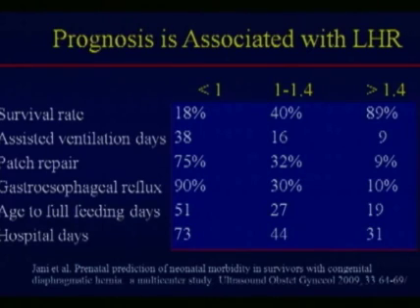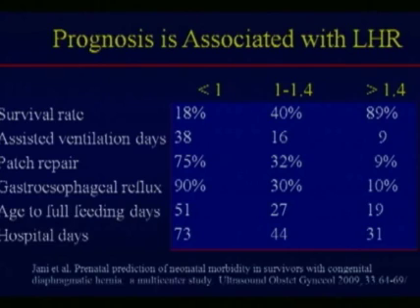Now, this study actually looked at observed to expected lung to head circumference ratios, not absolute numbers, but it corresponds roughly with these values. It turns out the lung to head circumference ratio does increase slightly with gestational age, but in the age range that we're looking at, these numbers actually work quite well, so you can use these absolute numbers as well.